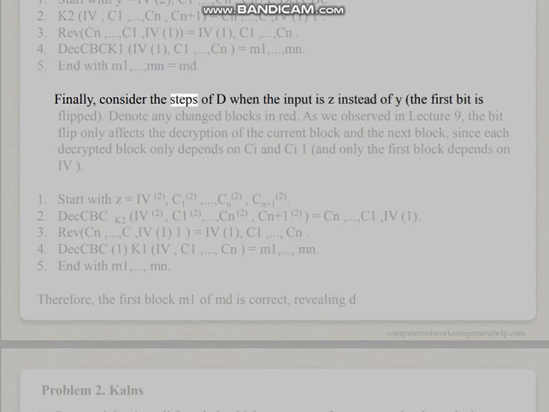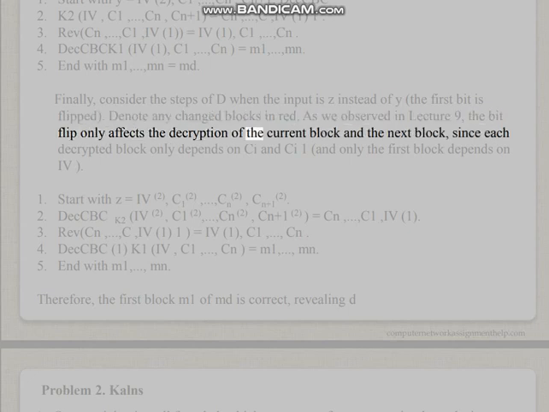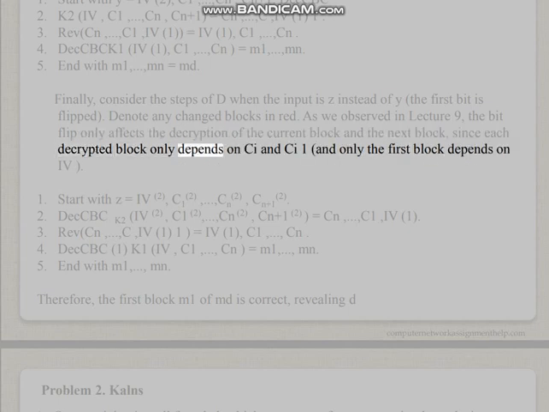Finally, consider the steps of D when the input is Z instead of Y, where the first bit is flipped. Denote any changed blocks in red. As we observed in Lecture 9, the bit flip only affects the decryption of the current block and the next block, since each decrypted block only depends on Ci and Ci-1, and only the first block depends on IV. 1.